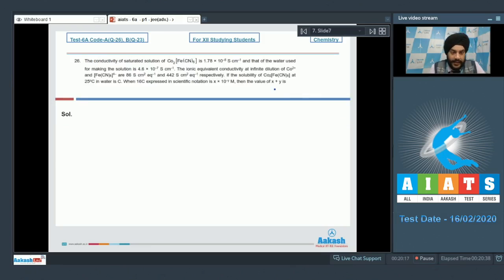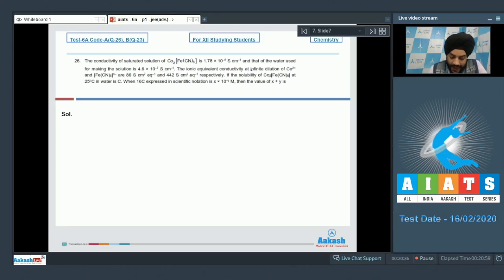Question 26. The conductivity of a saturated solution of Co2[Fe(CN)6] is 1.78 x 10^-6 Siemens centimeter inverse, and that of the water used for making the solution is 4.6 x 10^-7 Siemens centimeter inverse.